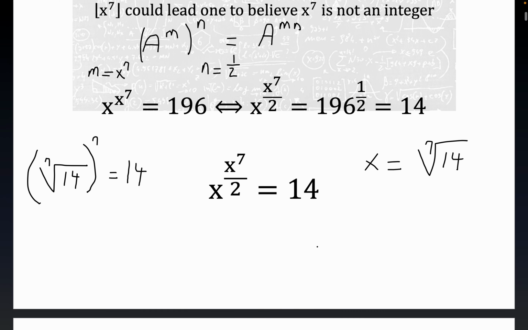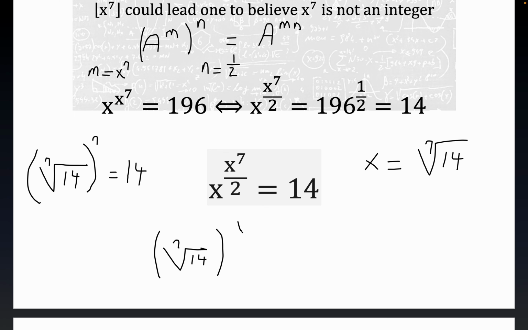And again, it's very easy to check this. I'll go down beneath if you want. We're just substituting in the 7th root of 14 raised to the 7th root of 14, and that's raised to the 7th.